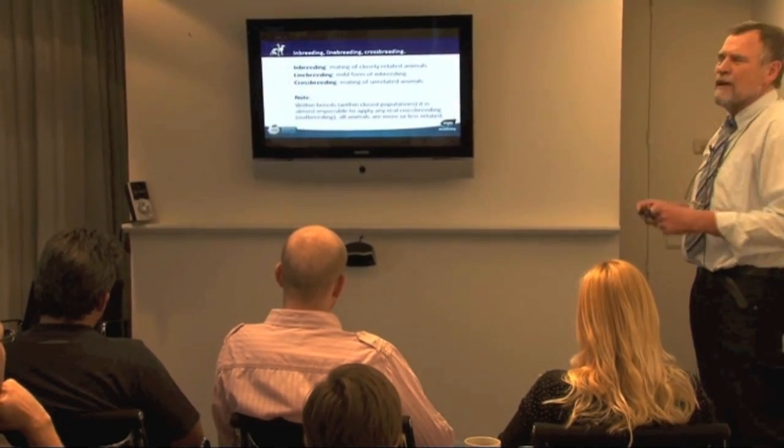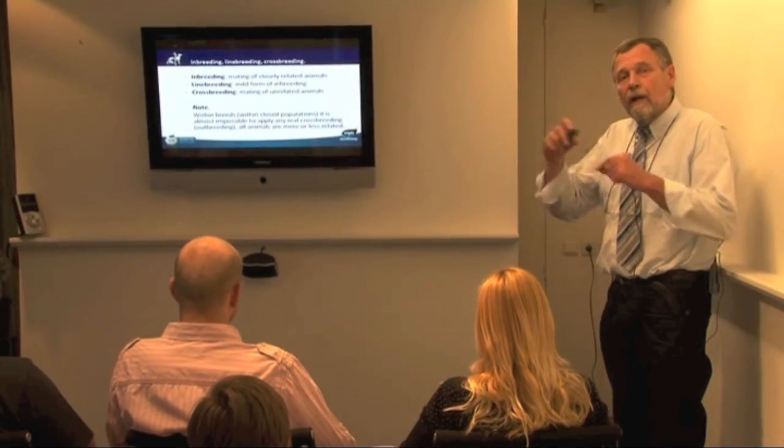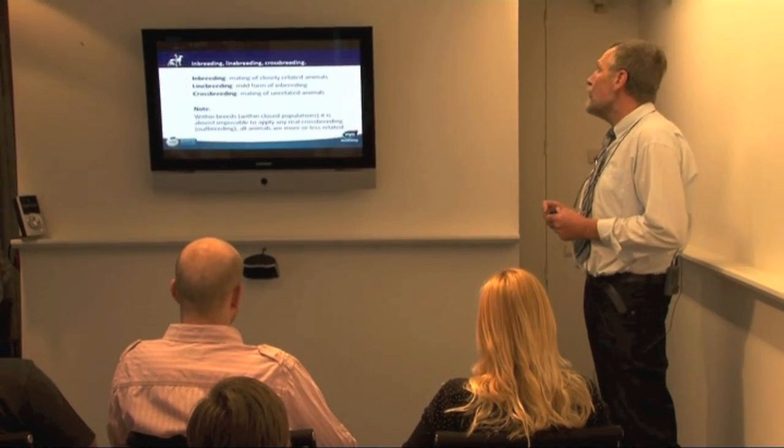Now, breeders often say, well, I don't practice inbreeding, I just practice line breeding. But line breeding is only a mild form of inbreeding, so in the end, the effect you achieve is the same. Then there is another term, crossbreeding, and crossbreeding is, by definition, the mating of animals that are unrelated.